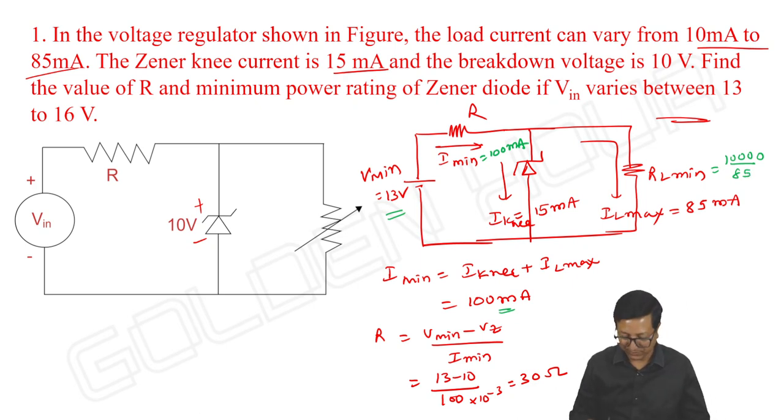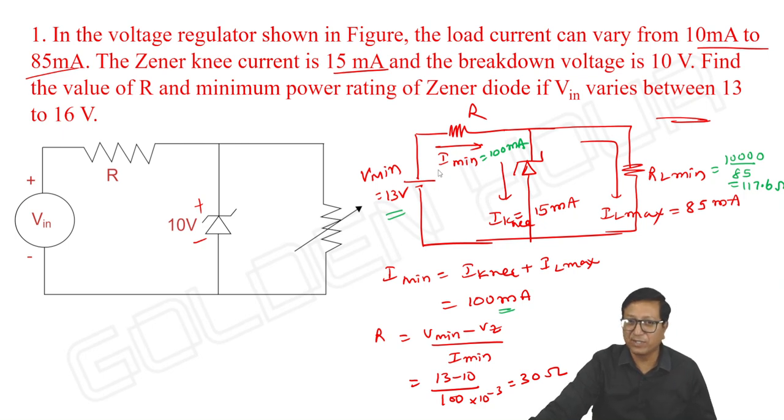You can do it. 117.6 ohms. So this is RL minimum. So it is starting with input minimum of 13 volts and RL minimum of 117.6 ohms. Right, we are starting, the circuit operation is starting.